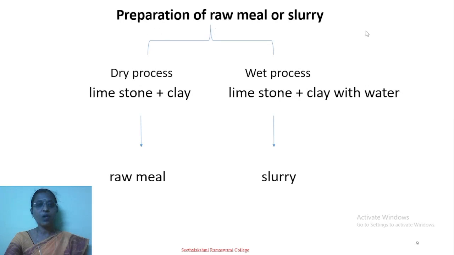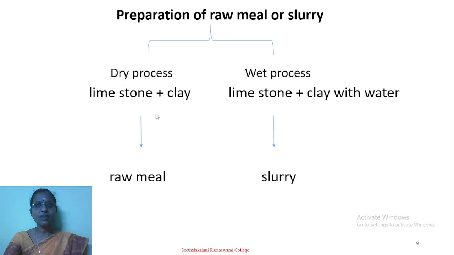Preparation of raw meal or slurry. The raw materials, limestone and clay, are mixed by dry process or wet process depending upon the nature of limestone and clay. If the limestone and clay are hard, both are mixed by dry process.